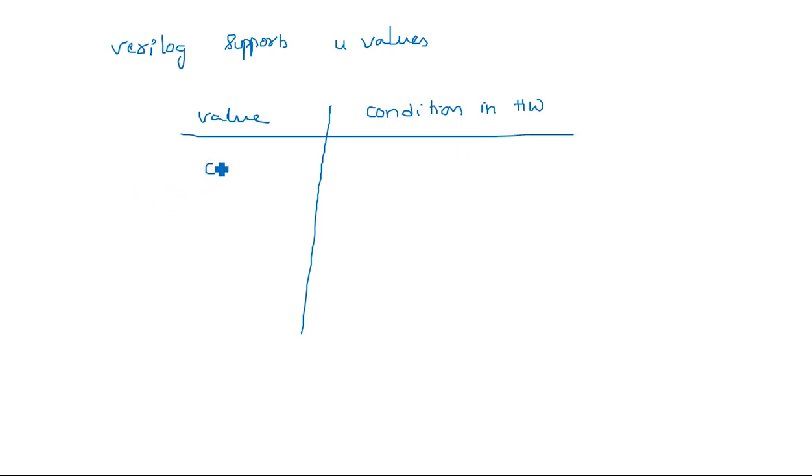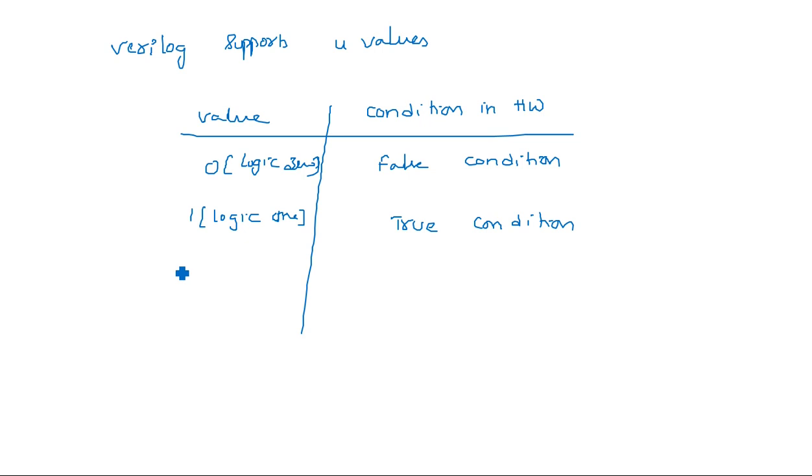So 0 is logic 0, a false condition, and 1 is logic 1, a true condition.